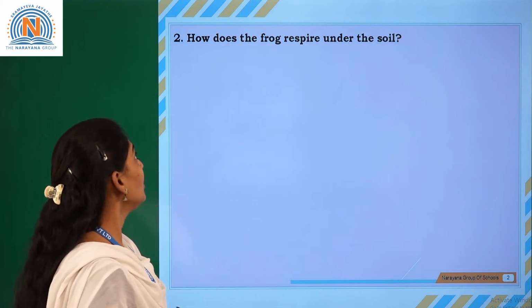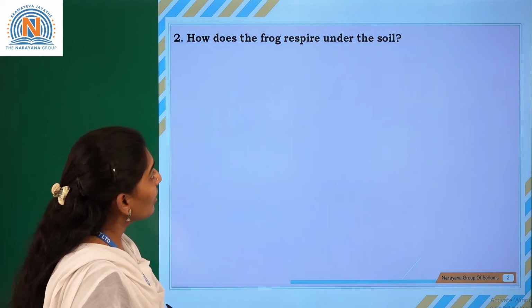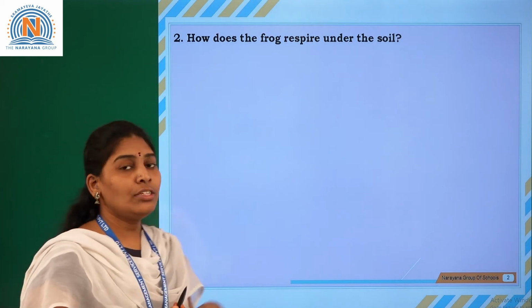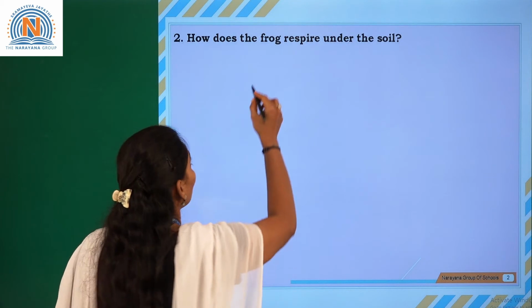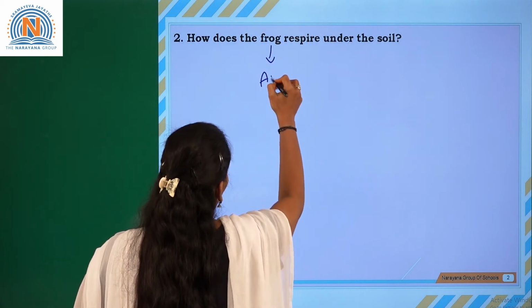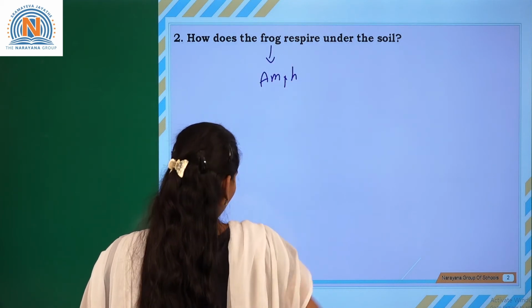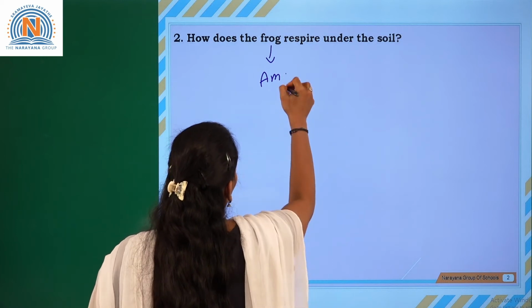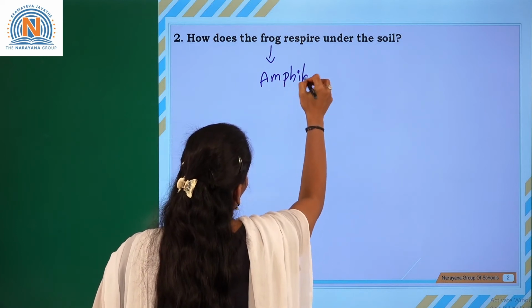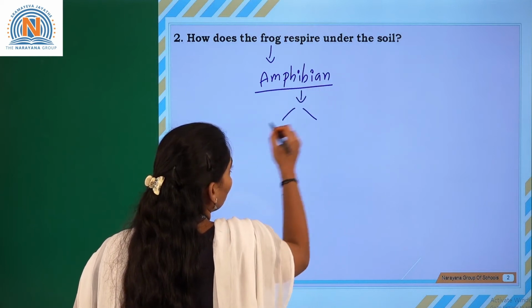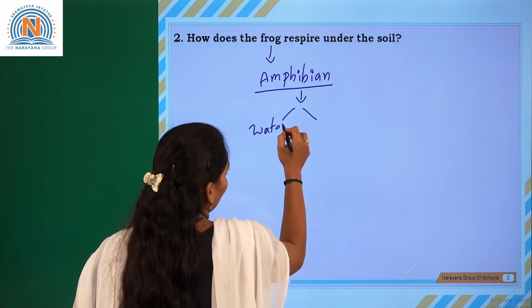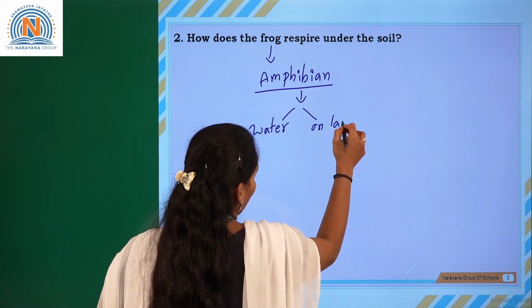The next question is, how does the frog respire under the soil? This animal is called an amphibian. Amphibians can survive both in the water and on the land.